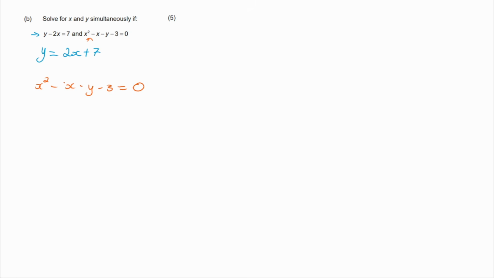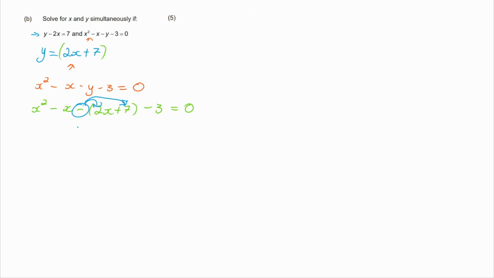Now remember, whenever we see a y, we know y can be replaced with this. But let's put this in a bracket. Every time you see a y, we're going to put a bracket and then this thing. The bracket's important, you'll see why in a second. So we put minus, and then y is 2x plus 7. The bracket's really important here because this negative needs to distribute here and here.